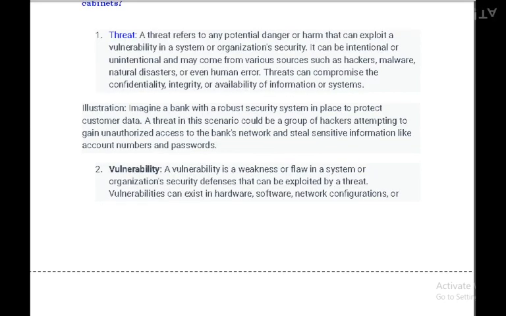If I explain threat, loss, and vulnerability in short, then a threat is nothing but a risk. We can say it's simply the potential danger.